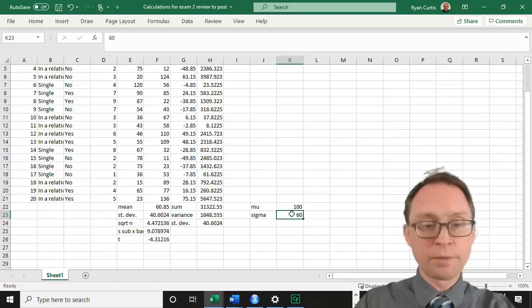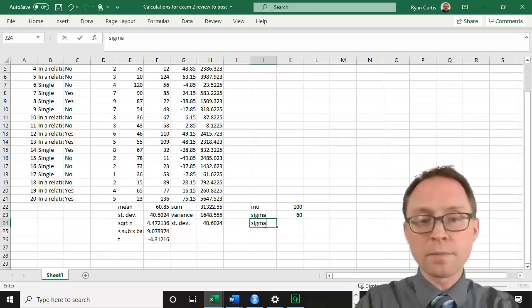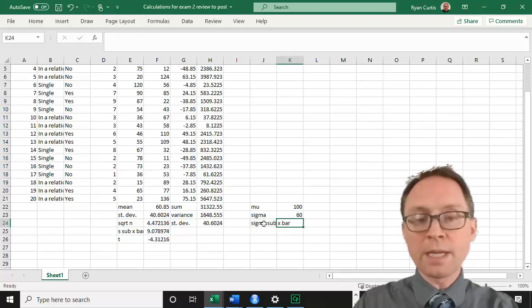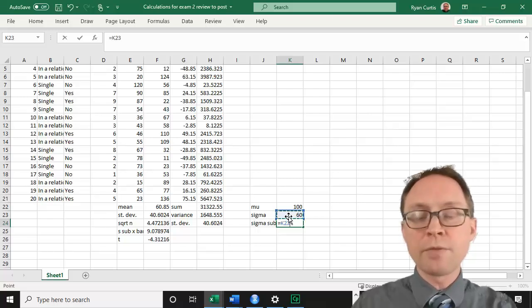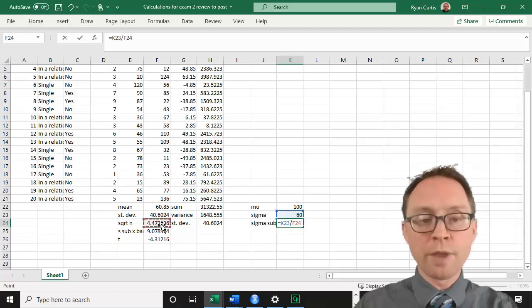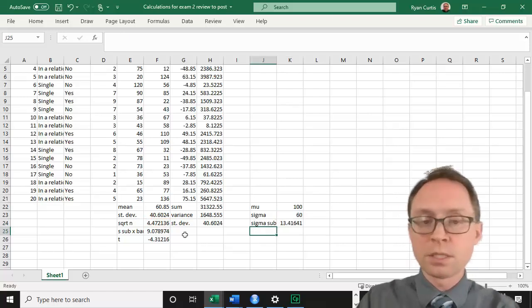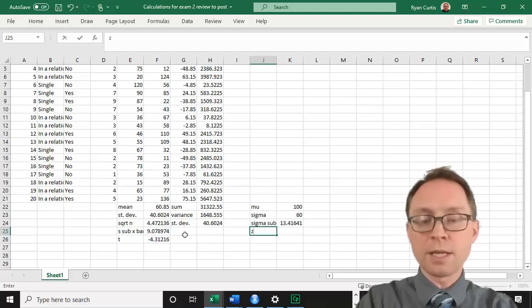Basically, it's a very similar idea. So now I need to get sigma sub x bar. That means I need to get the standard deviation of the population, which is sigma, divided by the square root of n, divided by the square root of 20, which is 13.41641.